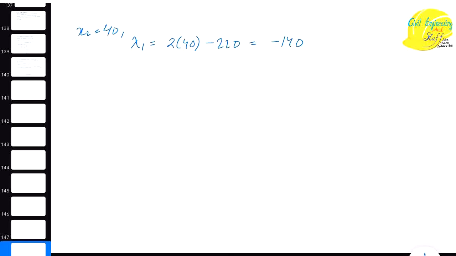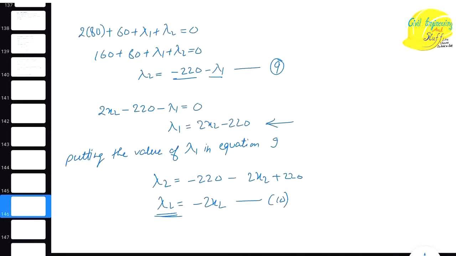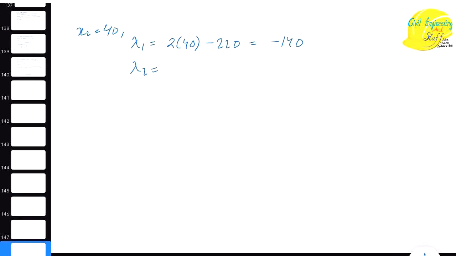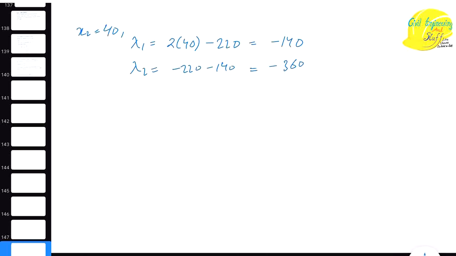All right, from this we'll put the value of lambda 1 in equation number 9, and through this we'll get the value to be minus 220 minus 140. So this will be minus 360. Okay, so the points are 80 comma 40, right?